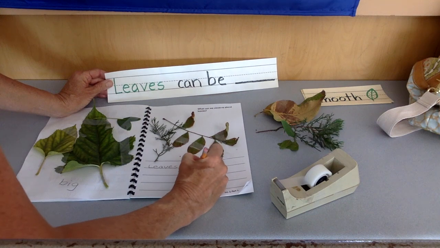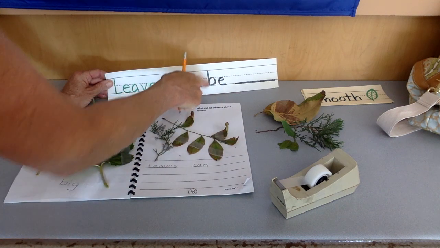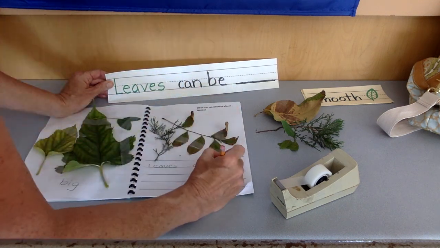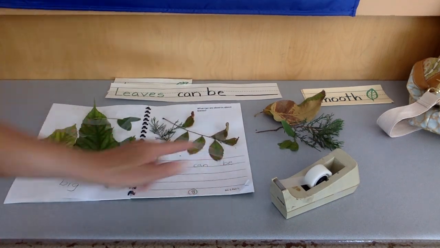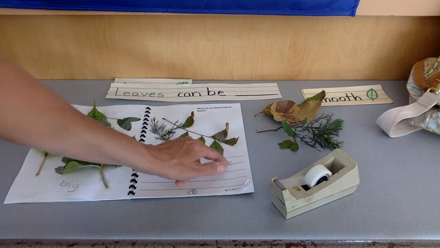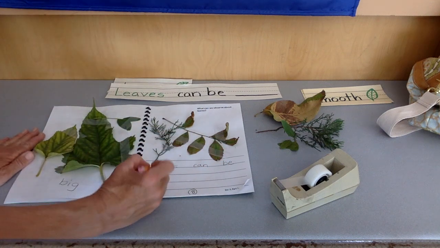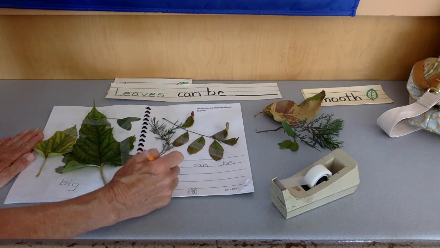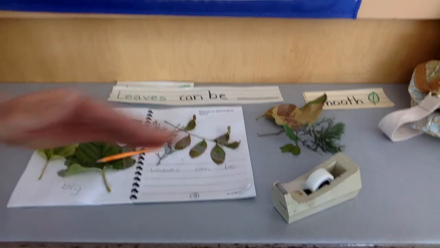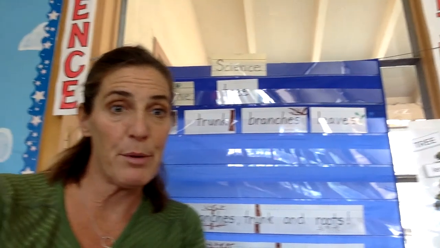Can. Then a finger space. Be. Leaves can be big. Leaves can be green. I can fill in whatever I'd like here. Leaves can be, and you finish up yours on your page number 8.